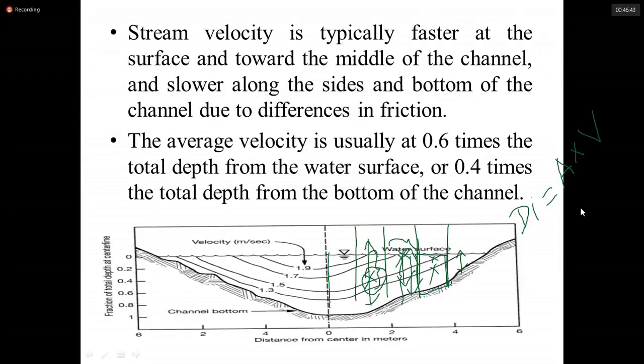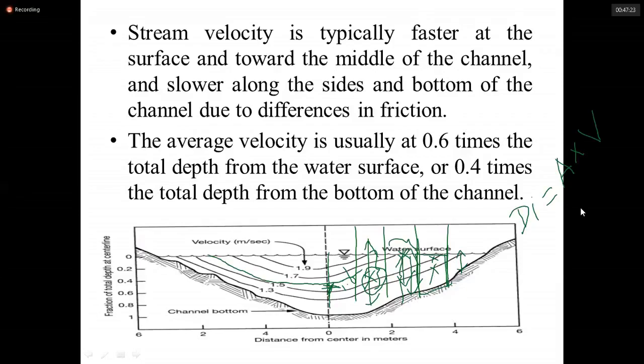Just think, it's 1.9, it's 1.3. So what's the average value for these two? 3.2 divided by 2 is nearly 1.6. So that average value is 1.6. Here, where is 1.6 located? Somewhere here, right? In between this 1.7 and 1.5. That 1.6 is not in the center portion.